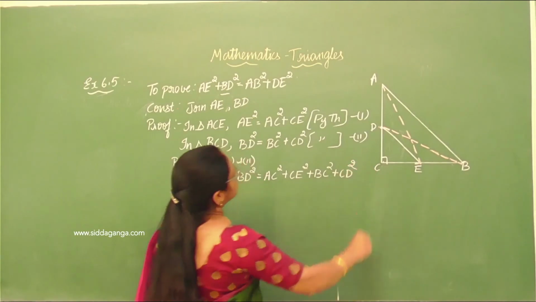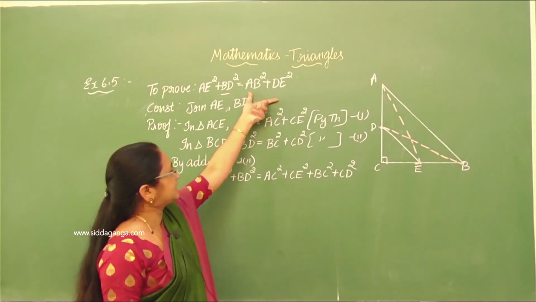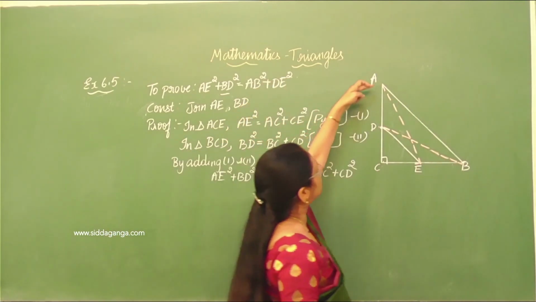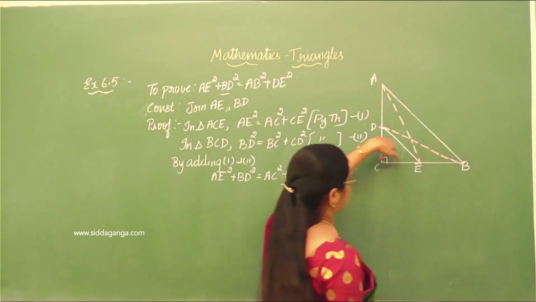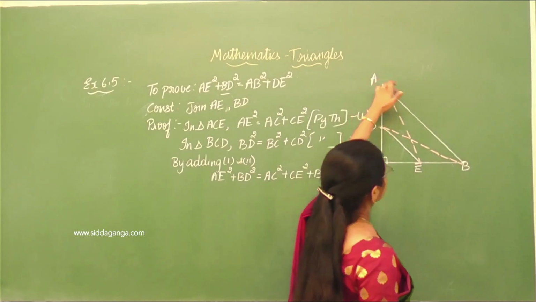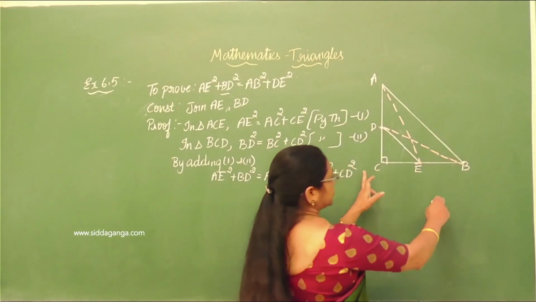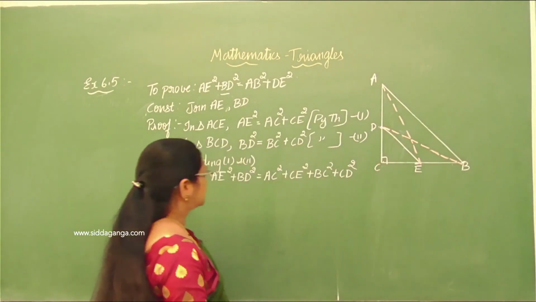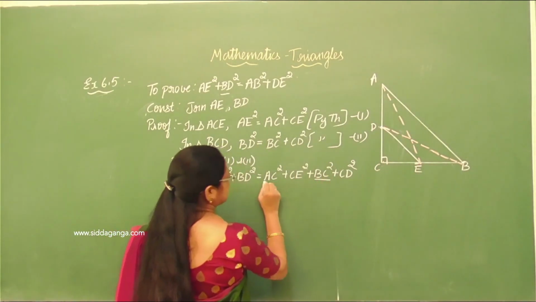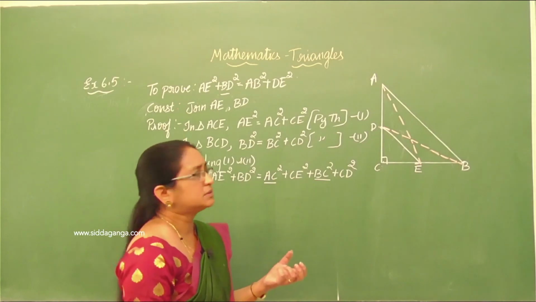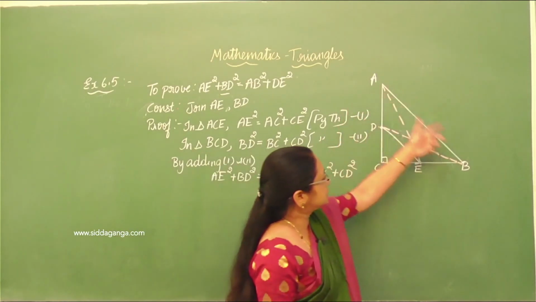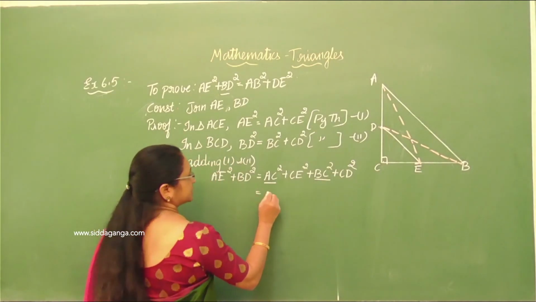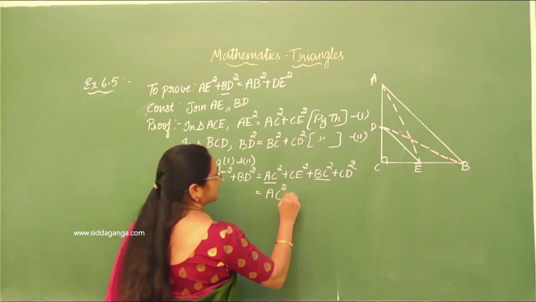But the result we need is AB square, meaning the whole triangle. If BC square plus AC square are combined, then definitely we will get AB square, correct? So I'll just rearrange it. AC square plus BC square.